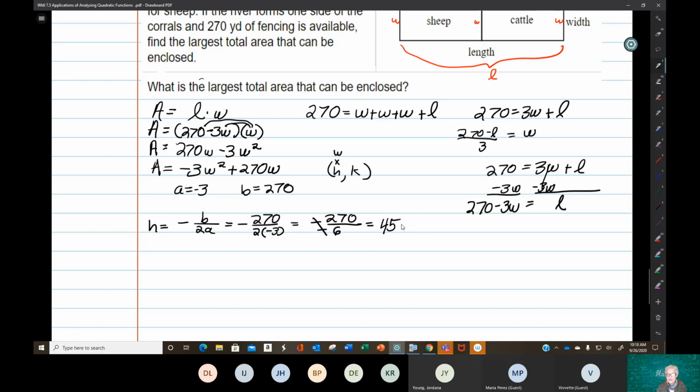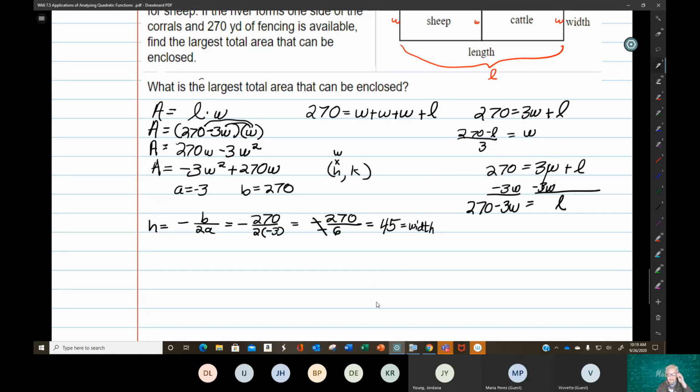H is what the width needs to be. 45 and 45 and 45. In order for the length to be what it would normally be, given that that's 45 plus 45 plus 45, that's 3 times 45, which is what? 165?